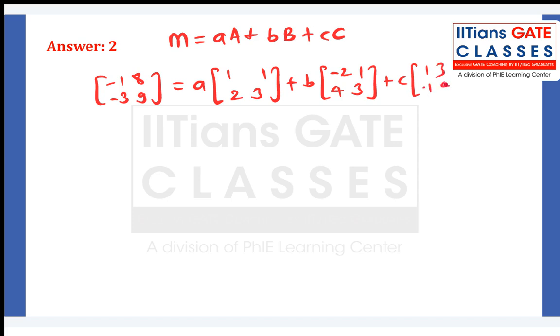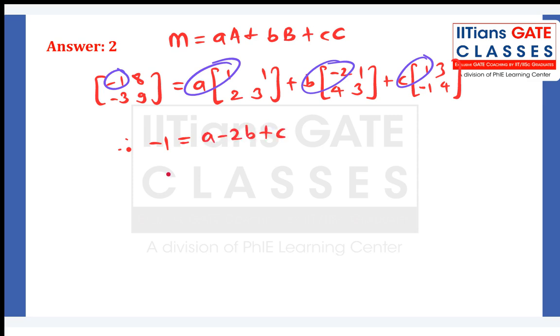Now multiply and get the equations. I'll not write everything. What you can do is get the first element of every matrix. So here it will be a times 1 minus 2b plus c, and it should be equal to -1. Like that you should do to save time. So the first equation that you get is a minus 2b plus c.